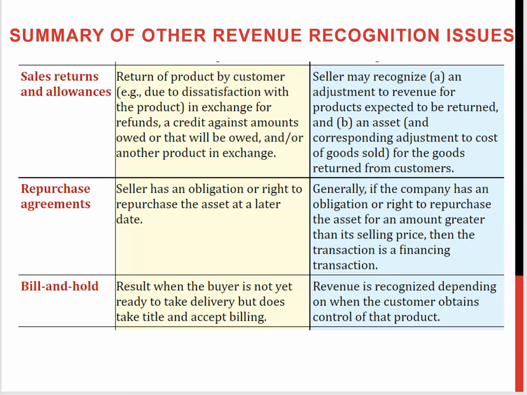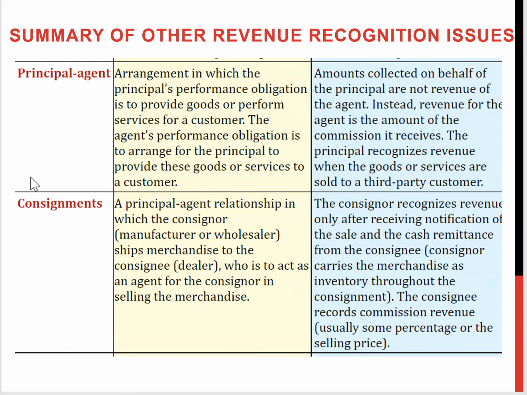If it's higher, it's a financing agreement; otherwise we can consider it just a regular lease type of agreement. Bill and hold means that you actually sell the products, but as a seller you are still holding the physical possession of the product. Whether you should record the revenue or not, you have to look at the reasons for bill and hold, and certain other conditions.